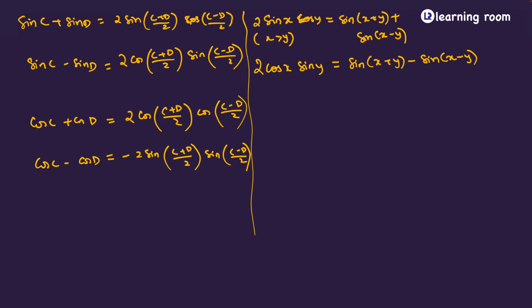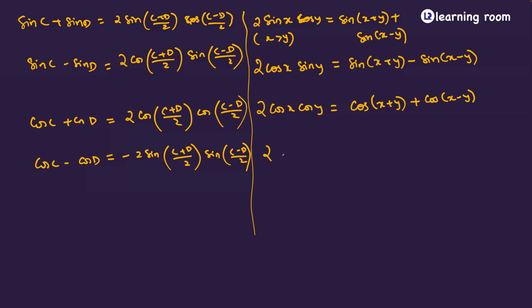So you tell me, if I have a question where they say 2 cos x cos y, cos into cos is obtained by doing the sum of cos and cos. So cos of x plus y plus cos of x minus y. Am I clear with this?